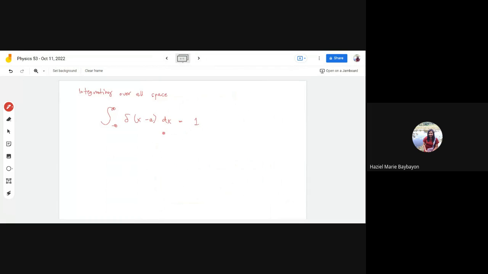So if you have a normal function f of x and multiply it with the Dirac delta function, this is equal to f of a multiplied by the Dirac delta function.